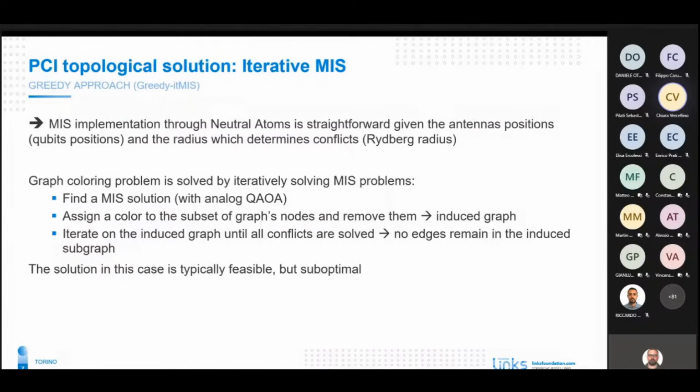In this case, we start from the initial graph, we hold the conflicts, and we select a MIS set. The MIS set found through QAOA is removed from the initial graph. We obtain an induced graph, and we reiterate the QAOA procedure on the induced graph. This continues until no edge remains in the graph, so there are no more conflicts.